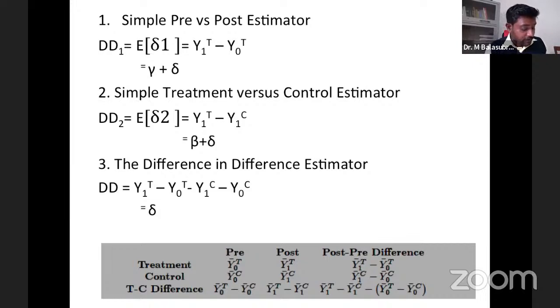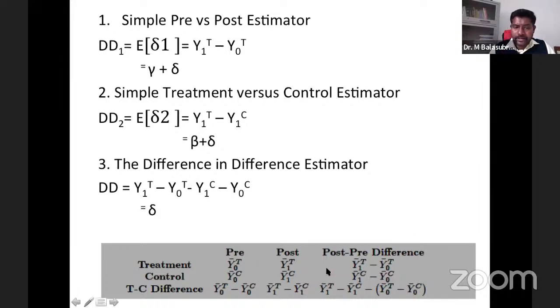The effect of your program will be caught as an exact figure. That is the advantage of using this double difference. If I use only a single estimator, as earlier, it may overshoot or undershoot because of these two factors.